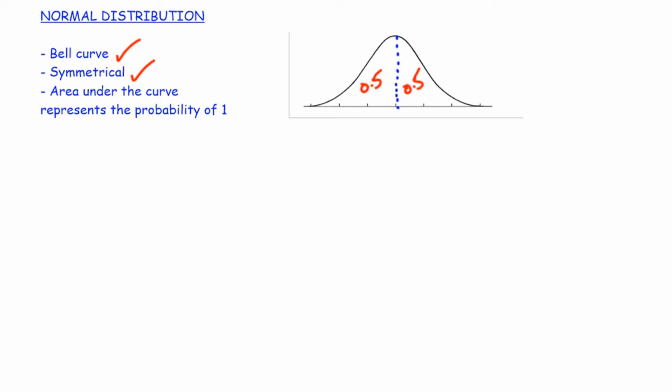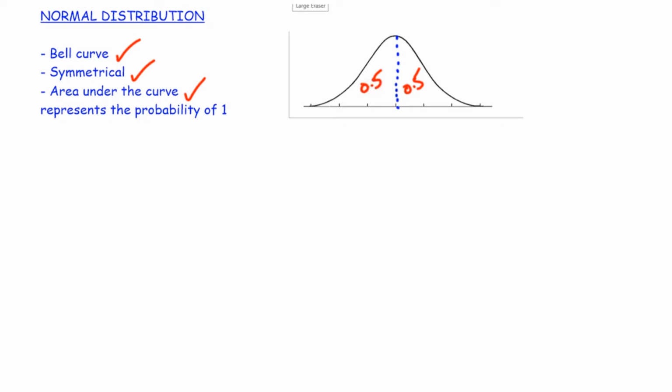So that's a starting point, but we're going to look at lots of other ways that we can split up this normal distribution graph and find other differing probabilities. Okay, so 3 properties of the normal distribution: it has a bell curve, it's symmetrical, and the area under the curve represents the probability of 1.